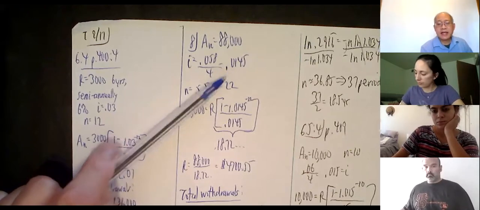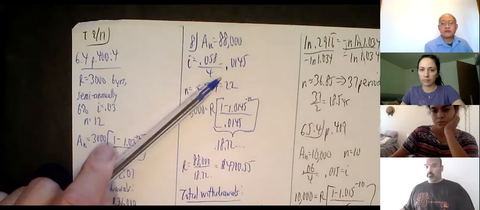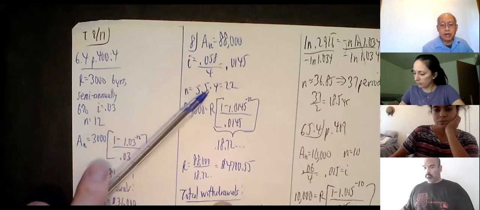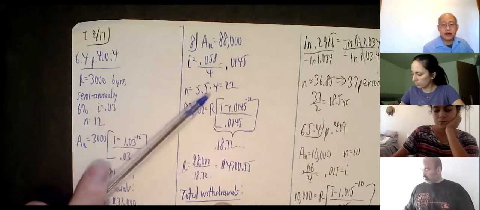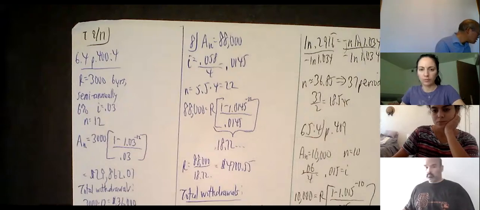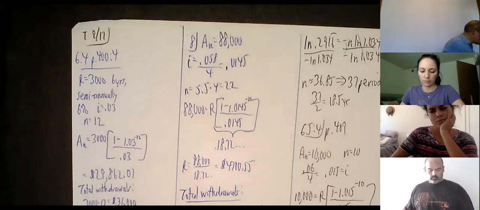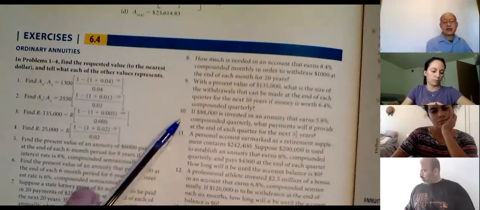Okay. And then they said 5.5 years. So 5.5 years compounded quarterly means I multiply by 4. Is that right? So 5.5 times 4 is 22. Let me just check something real quick. I think my book was number 10, but I think this is your 8.